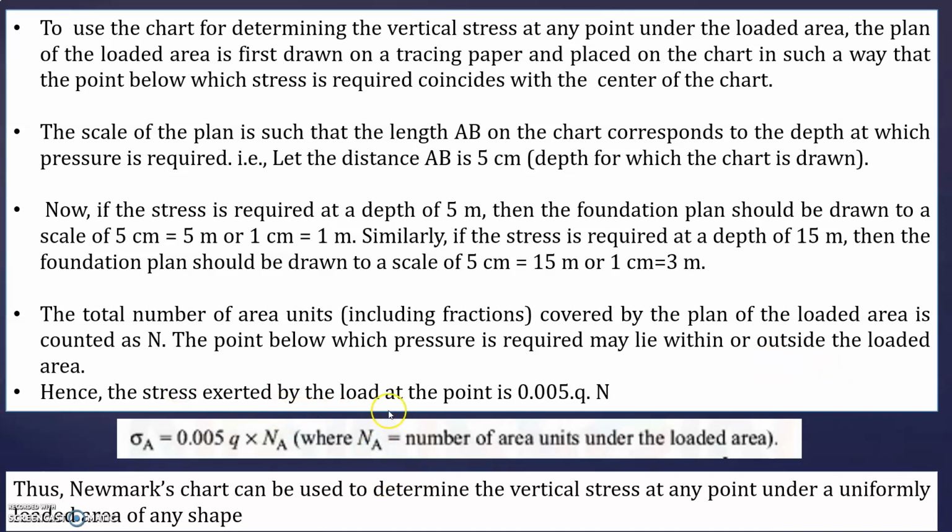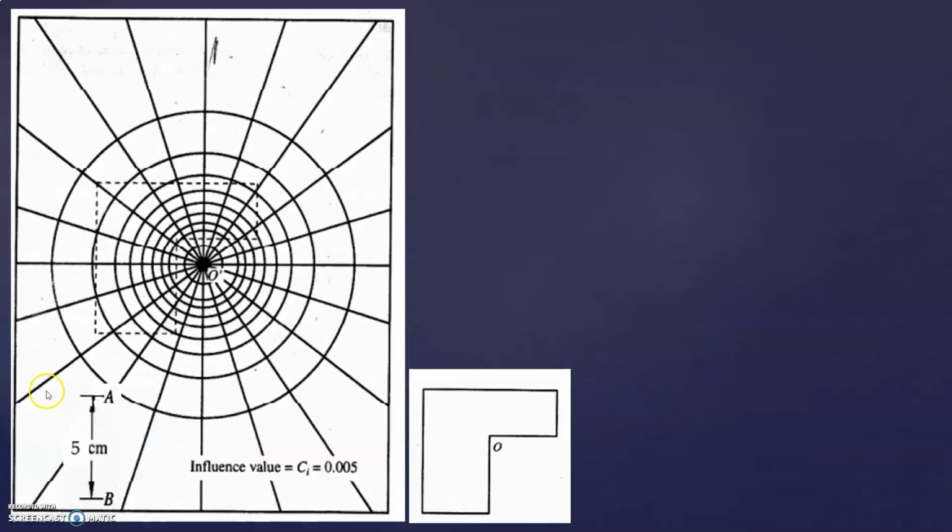Hence, the stress exerted by the load at the point is 0.005 into Q into N. So, this is the equation to find the vertical stress using the Newmark's chart, that is sigma Z equal to 0.005 Q into Na, where Na is the number of area units under the loaded area. Thus, Newmark's chart can be used to determine the vertical stress at any point under a uniformly loaded area of any shape. Okay, now you can see this is a chart.